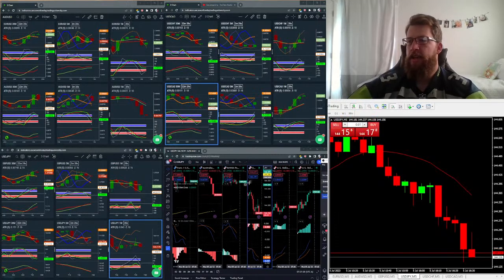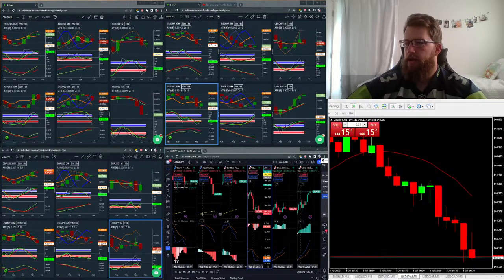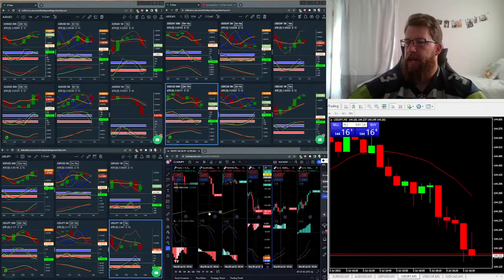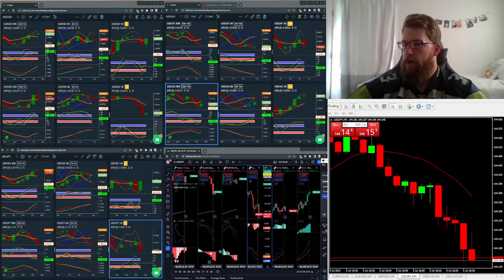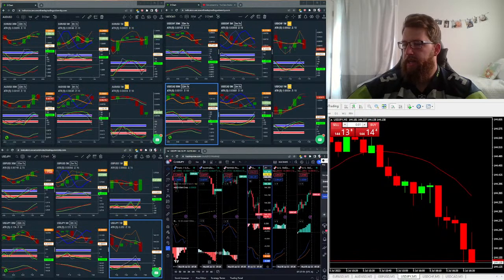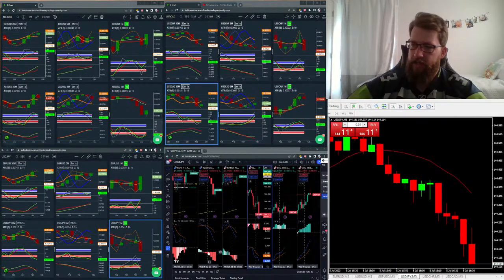But basically, if we're looking at this one right here as an example, if the price is above the 200 EMA, you take a buy signal when the MACD is below the oscillators, and I don't know if this is a 0 line or the 50 line, but halfway essentially.